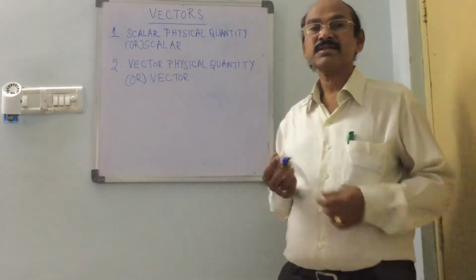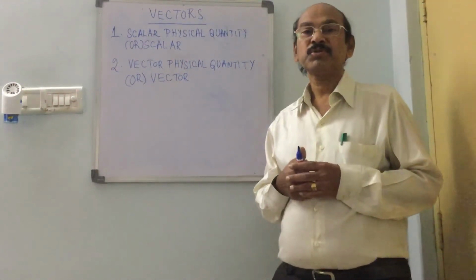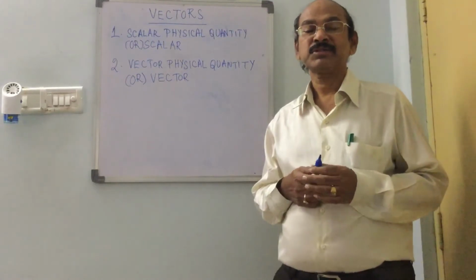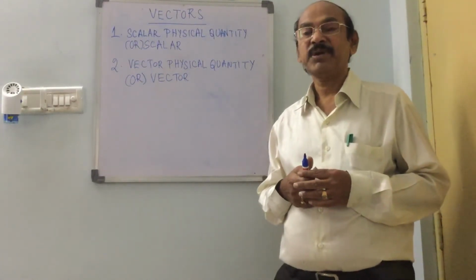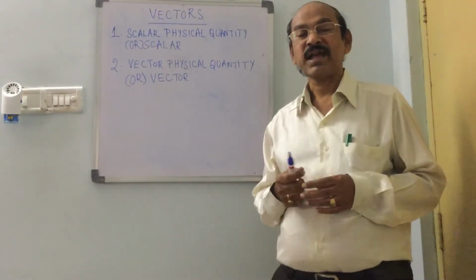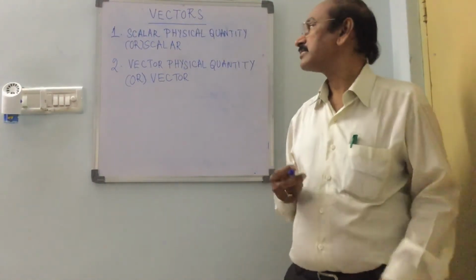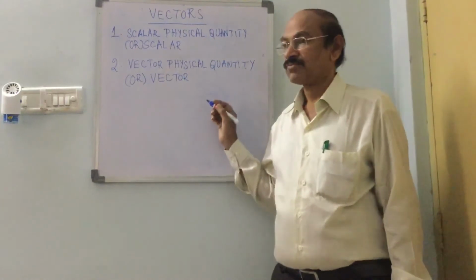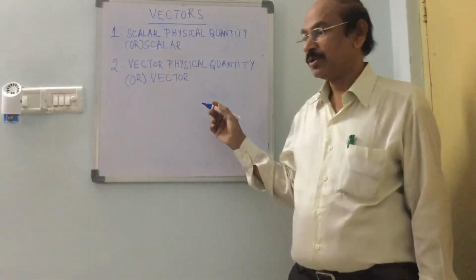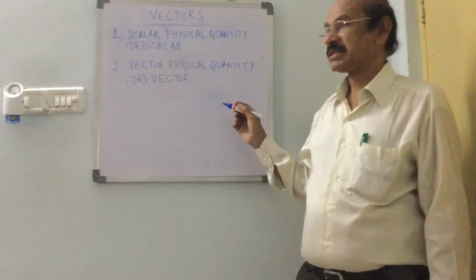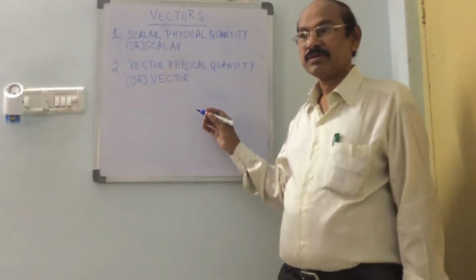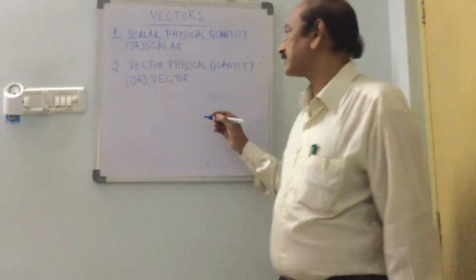These vectors possess both magnitude and direction. So they are represented by English letters, capital letters or small letters, with the arrow mark on their head. Now we know how they are represented graphically.